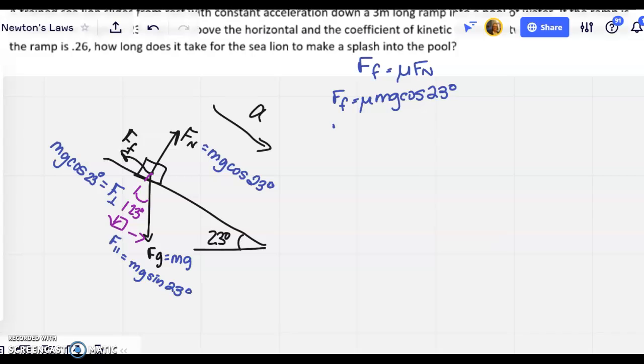So our net force, and we're looking at this x-axis here, which remember we kind of tilt on its side, is going to be equal to the mass times the acceleration. Well, we have the parallel component minus the force of friction.